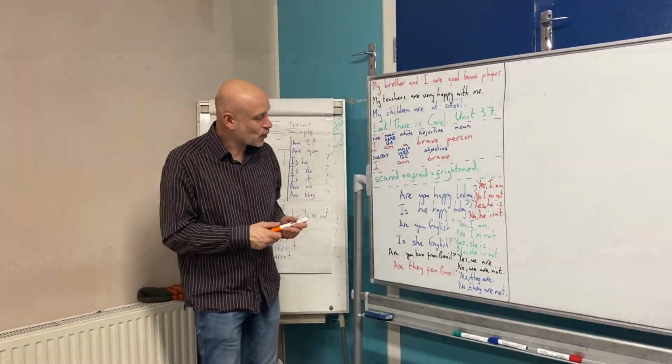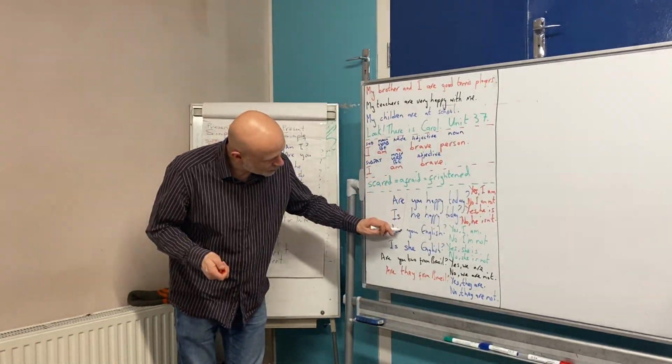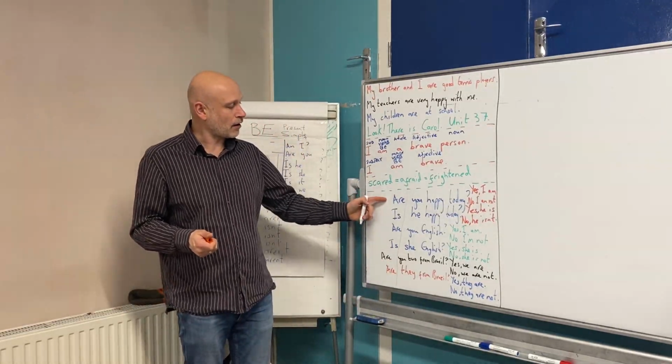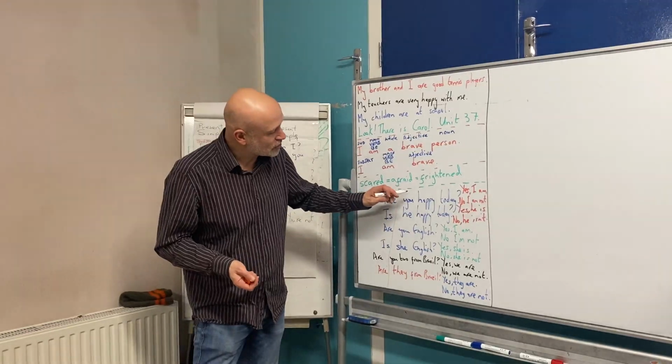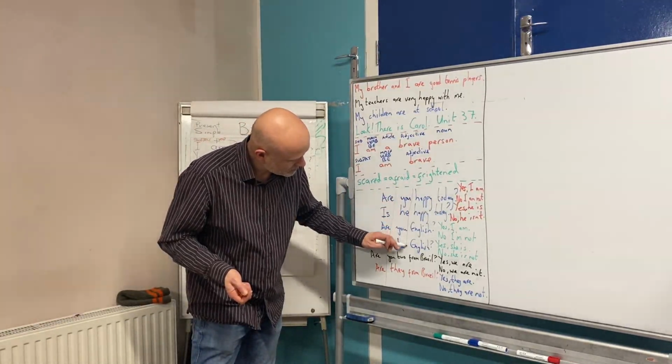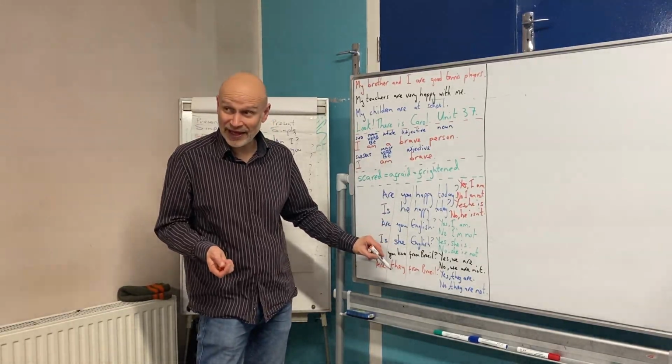Now, with yes-no questions, we always start with the verb to be, are or is or am, and then we use the subject. You, he, she, you two, they.